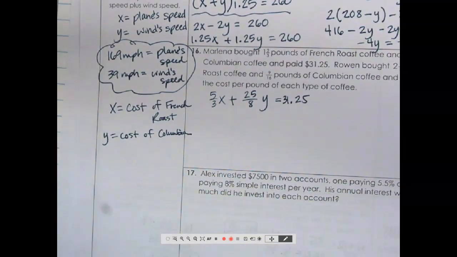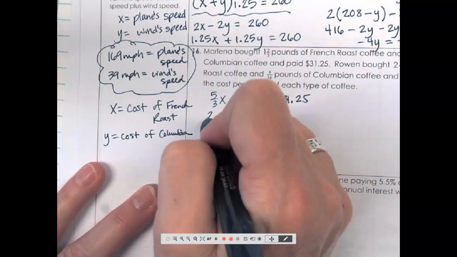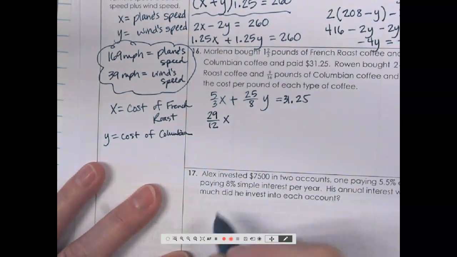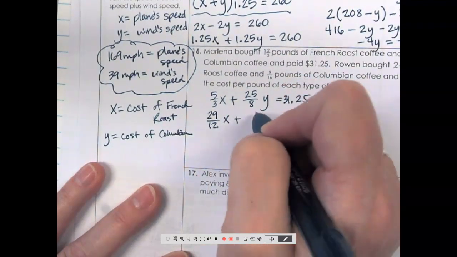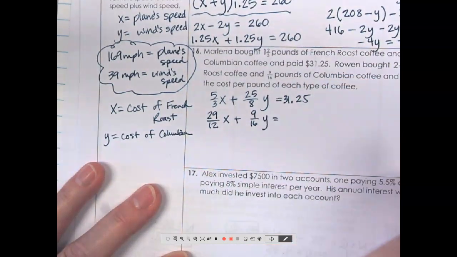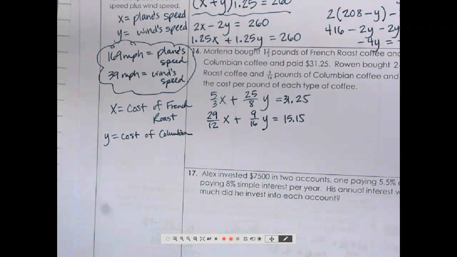Okay, so we're going to take Rowan's situation, turn it into an equation. That would be 24 plus 5, 29/12 of the French roast, plus 9/16 of the Colombian, cost him $15.15.